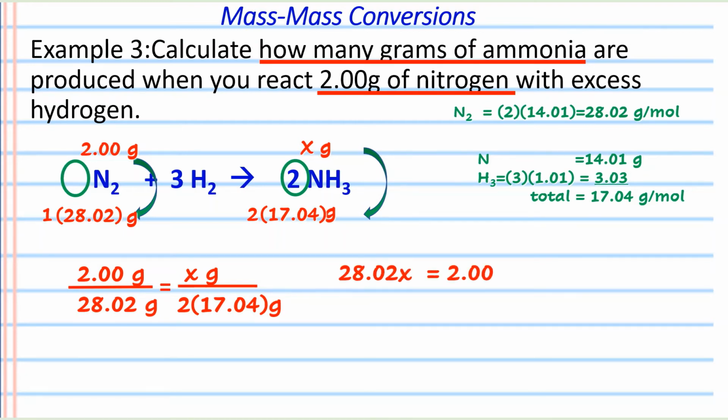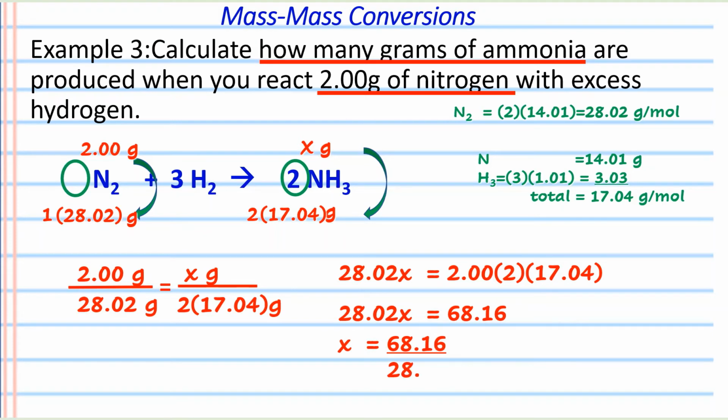So we have 28.02x is equal to 2.00 times 2 times 17.04. If I continue with the math, that is going to equal 68.16. We need to divide both sides by 28.02. And we get a rather long remainder.